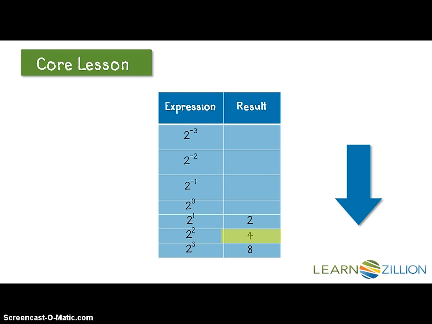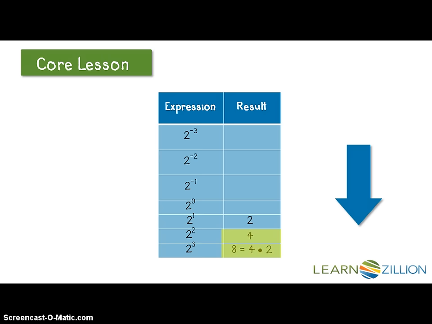Is that also adding 2? No, it's not. So what's another way that we got from 2 to 4, and that's the same way we got from 4 to 8? Well, we took the previous term 2 and multiplied it by 2. 4 is equal to 2 times 2. We could say the same thing about 8. 8 is equal to the previous term 4 times 2.